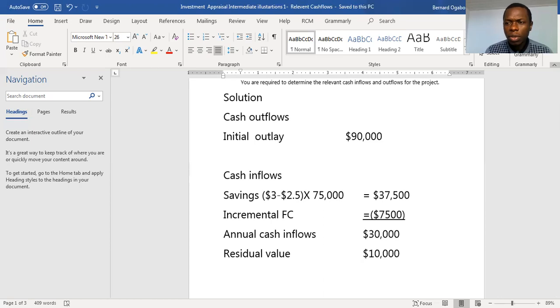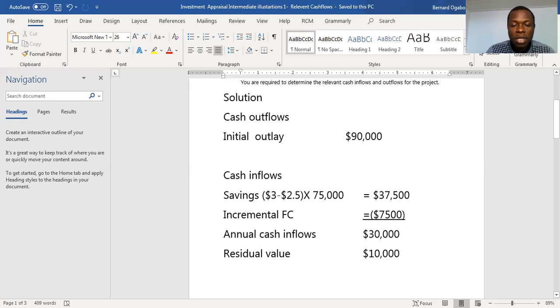Now, don't forget the fact that the question also says that the useful life of the asset is 4 years. I would have taken that into consideration if they asked me the relevant profits, because if I was to do the accounting rate of return or return on capital employed, I need profit and not cash flow.